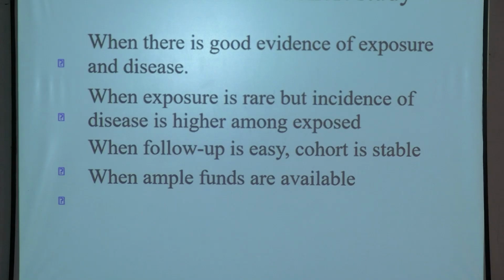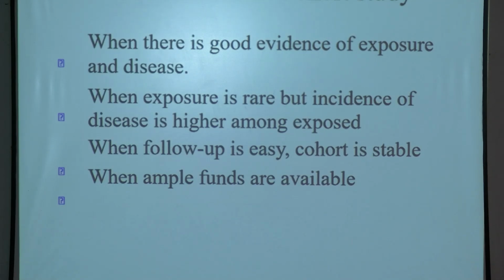When exposure is rare, but incidence of disease is higher among exposed. So if the number of cases of cancer is high among the people who get radiation, that is a situation when exposure is rare, but incidence of disease is higher. When follow-up is easy, here's the biggest part. When follow-up is easy, cohort is stable.